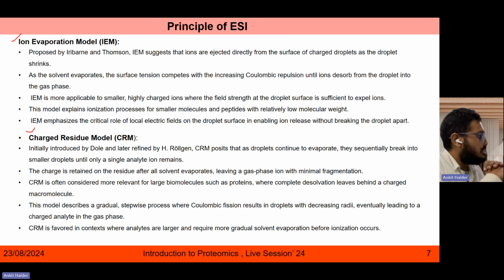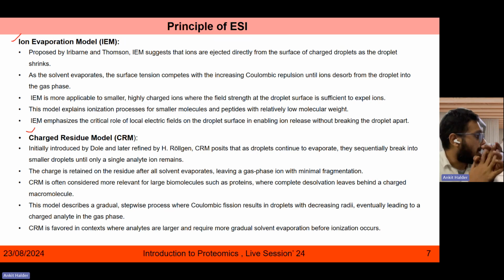So what is the ion evaporation model? It was proposed by Iribarne and Thomson. It suggests that the ions are ejected directly from the surface of charged droplets, and here the droplet will be shrinking as the ions are ejected directly from the surface.